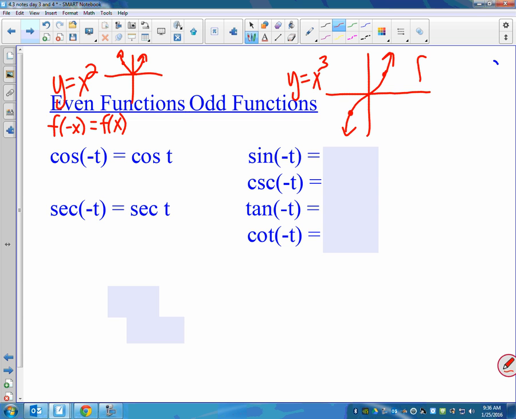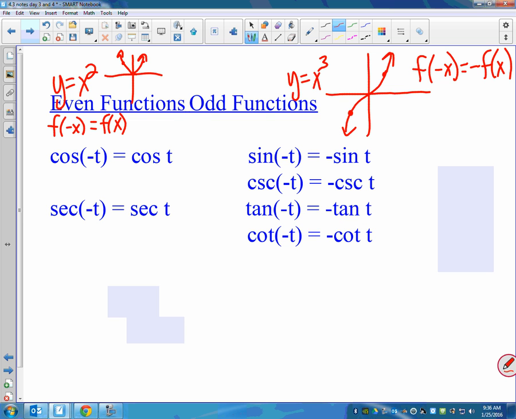Which means when you do f of negative x, it makes the whole function negative, so that's negative f of x. That means for an odd function, if I'm taking the sine or cosecant or tangent or cotangent of a negative angle, it's the same as if I took the negative of that function of the positive angle. And we're going to write some examples.